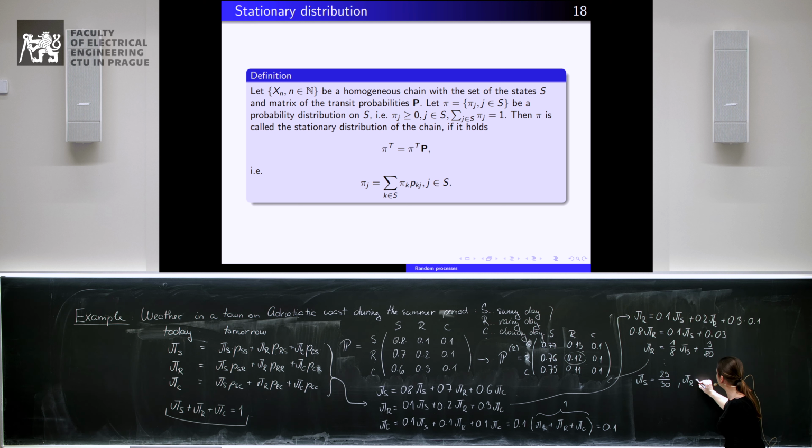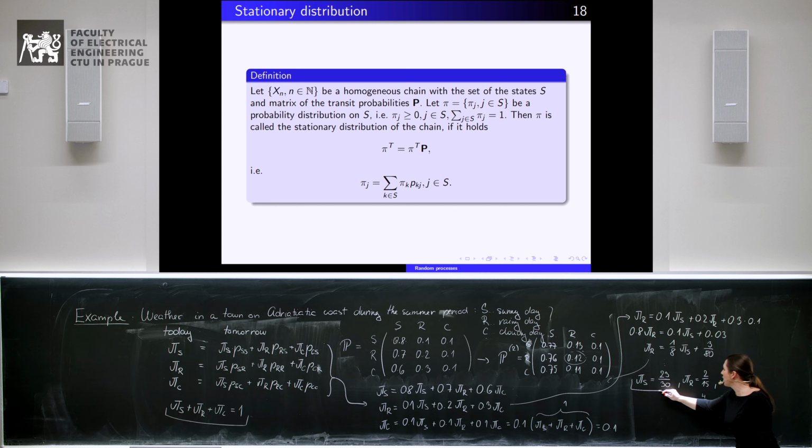Pi R is equal to 4/30, so it means 2/15, and pi C is equal to 0.1, so it means 1/10. So just to be sure, when we rewrite everything to the form something over 30, we can see that really the sum of these three probabilities is equal to 1.